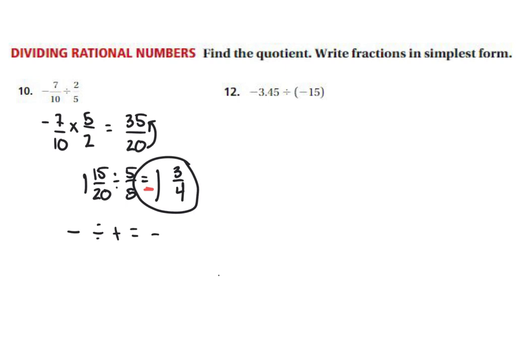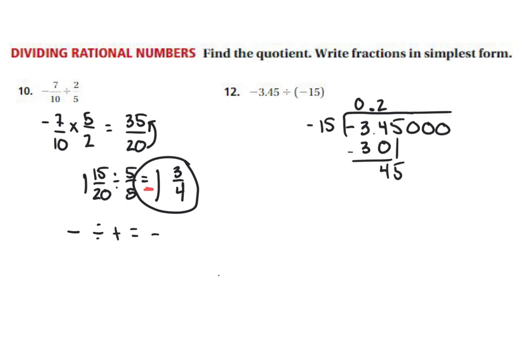For number 12, I'm doing long division. Negative 3.45 divided by negative 15. I'll annex in some zeros there just in case I need them. And now 15 doesn't go into 3, but 15 goes into 34 twice. 2 times 15 is 30.